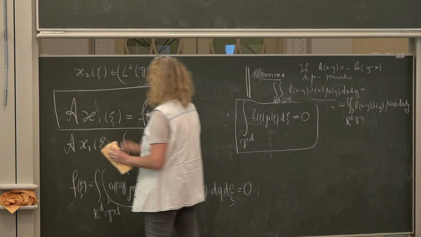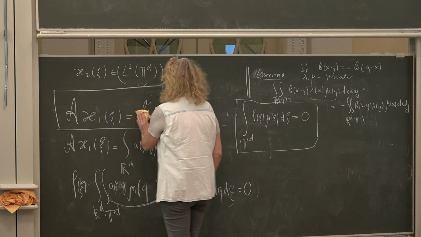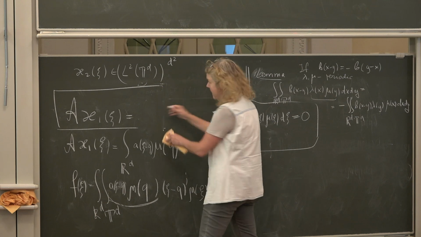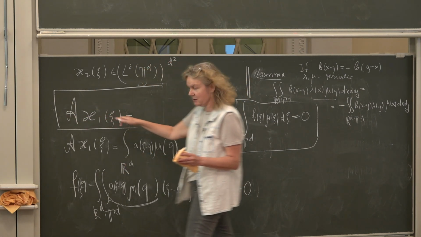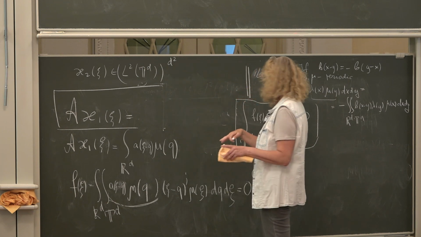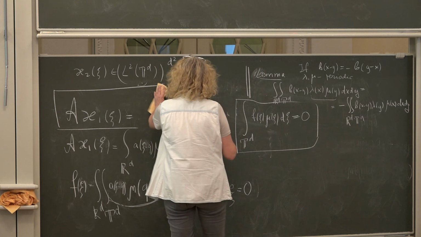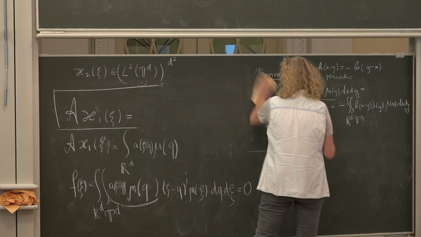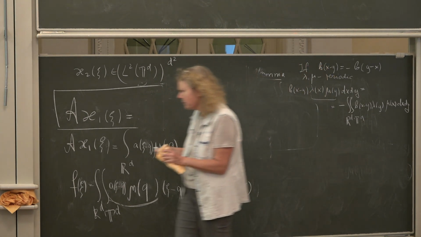Maybe I missed this index, so we should consider here ij. And we have again the equation with the same left-hand side, with the same operator, which is a sum of a compact operator and an operator of multiplication by a good function. And in the right-hand side, we have the following expression.